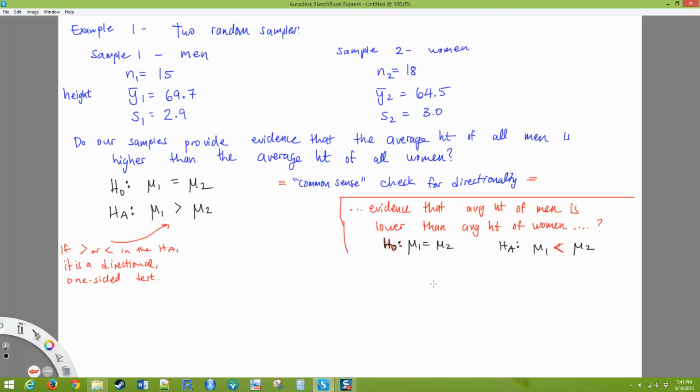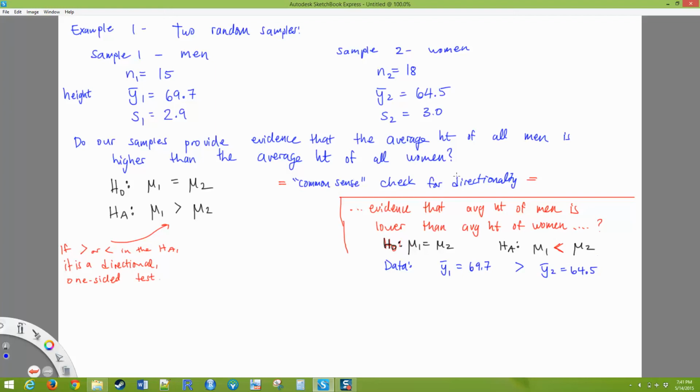But when we look at our data, the data show that Y bar 1 is equal to 69.7, and that is greater than Y bar 2, which is equal to 64.5.